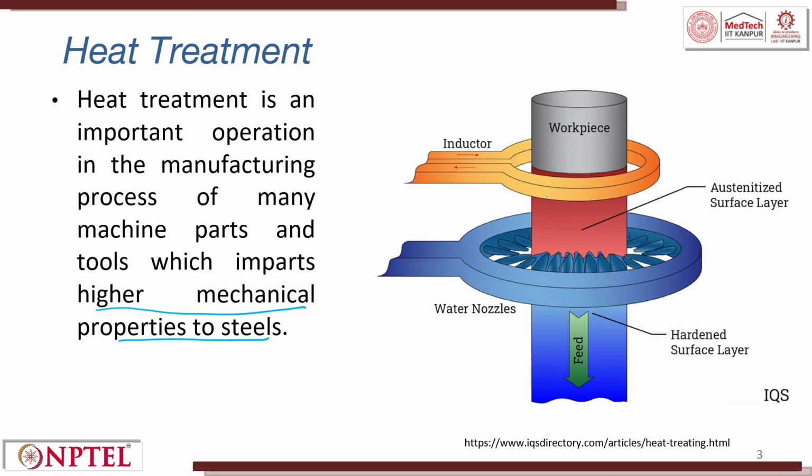By doing the heat treatment, you can play only on the surface, or you can do the bulk. All through, you can do. The full properties can be changed. You can try to bring an austenized surface layer. Austenization, you can go back and refer to your iron carbide diagram.